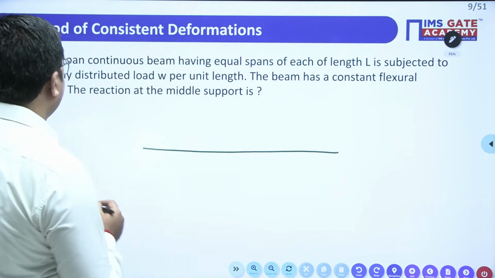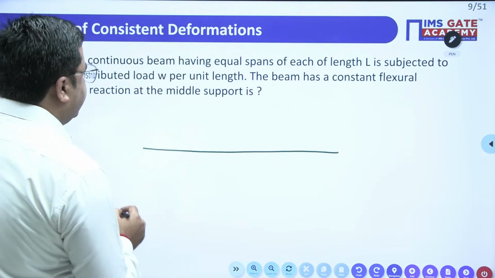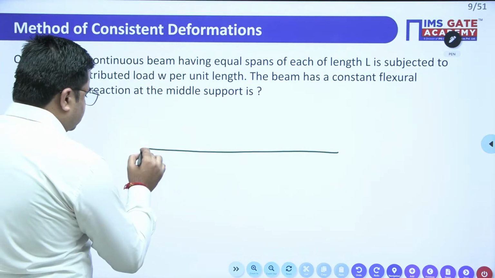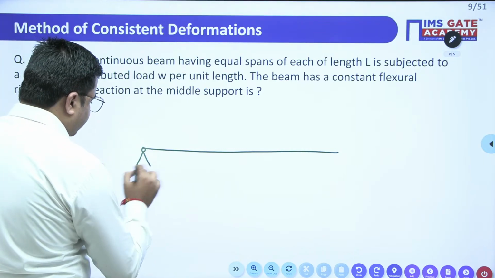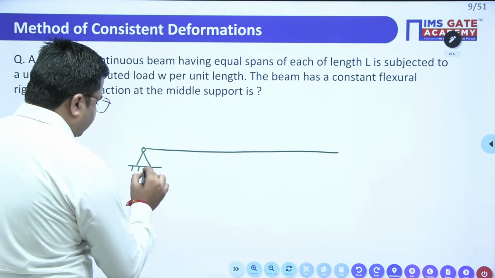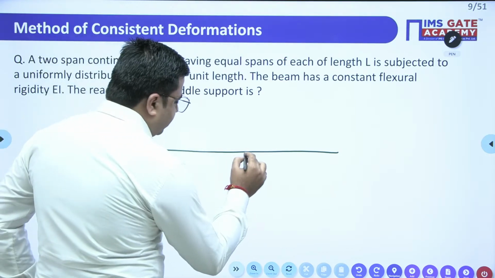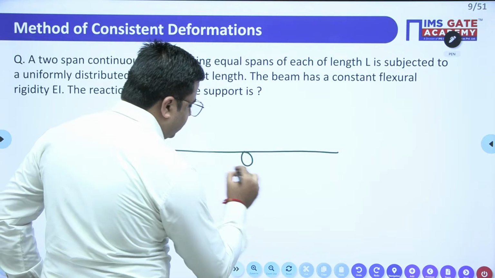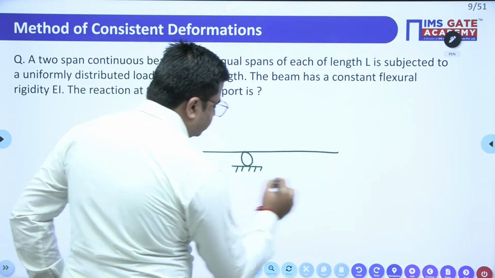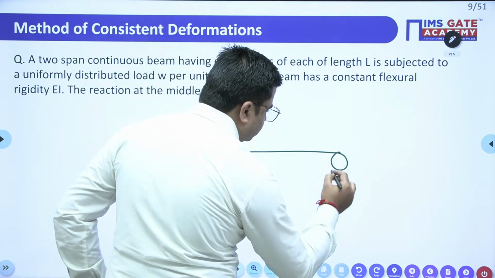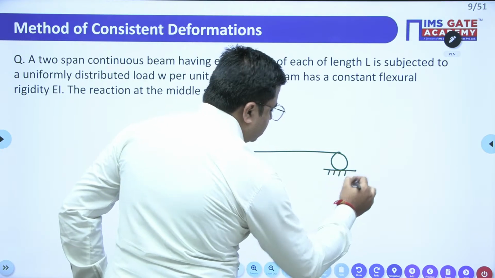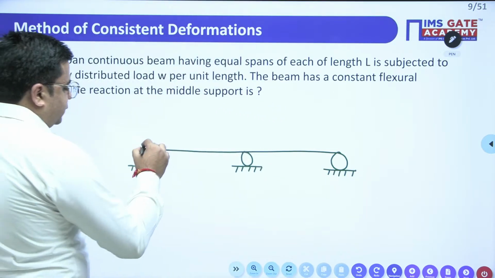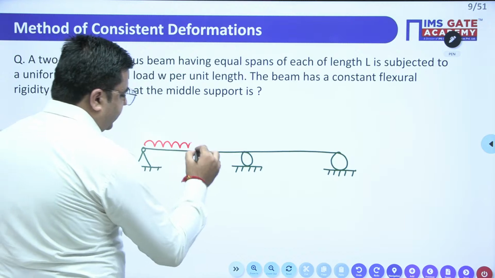So here we have a two-span continuous beam, each span of length L. This beam has been applied with a UDL over its entire span.